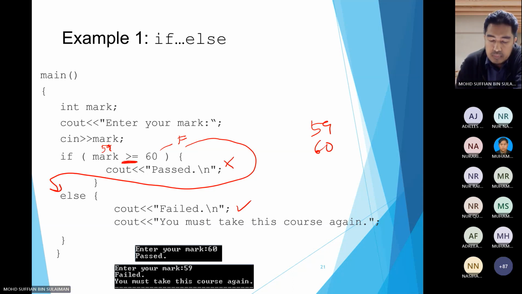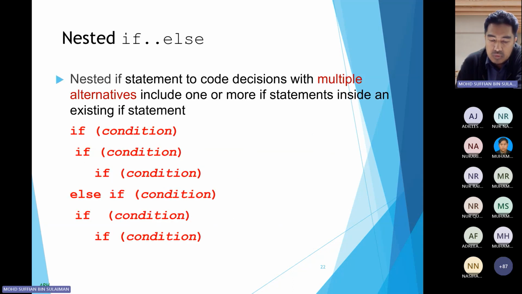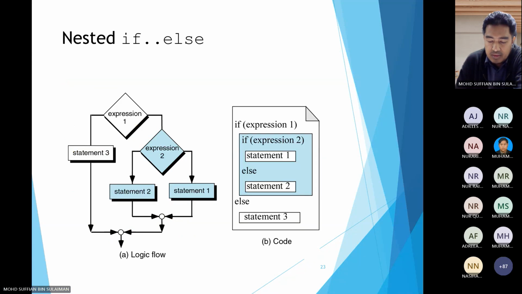Okay. This one is nested if else. So we have if inside if. So this is more complicated. Mana nak buat ni? So this is another representation by using flowchart. Let's say you have the first expression.